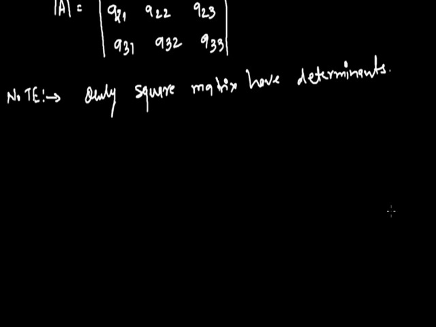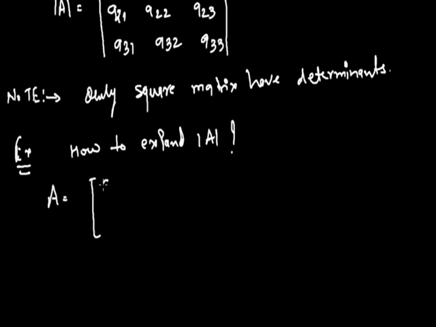For understanding the expansion of the determinant, let's take the example of the 3 by 3 matrix. How to expand the determinant A? If I take the matrix A whose order is 3 by 3: A11, A12, A13, A21, A22, A23, A31, A32, A33.